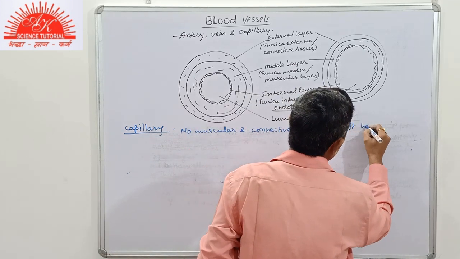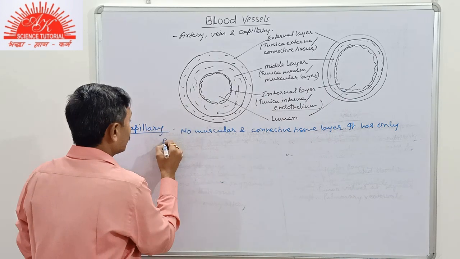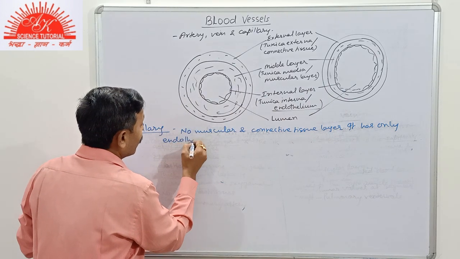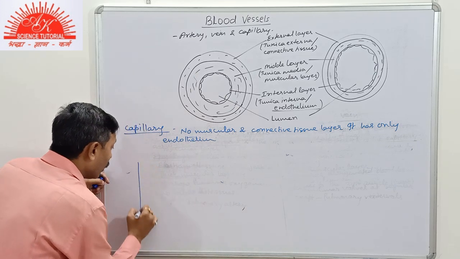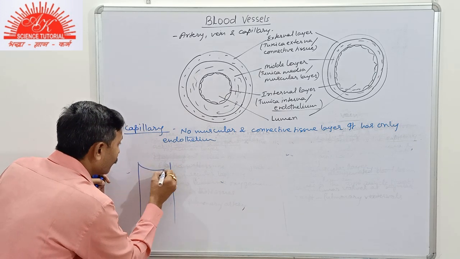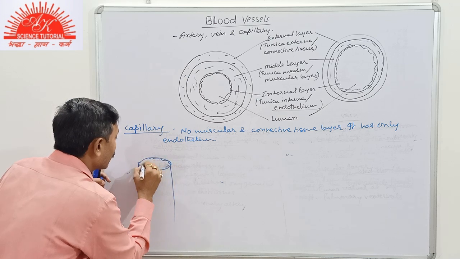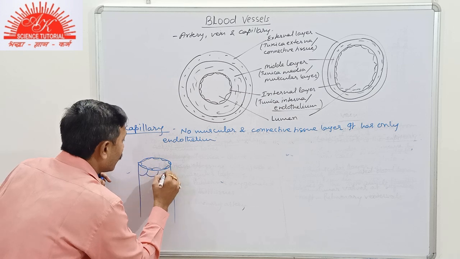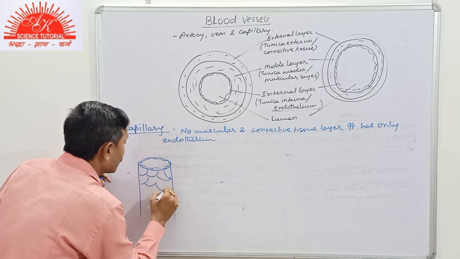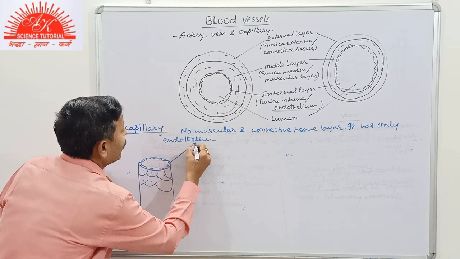It has only endothelium. If we draw the section of a blood capillary, this is the single layer of it, and on the surface here are the cells. So this is the endothelium.